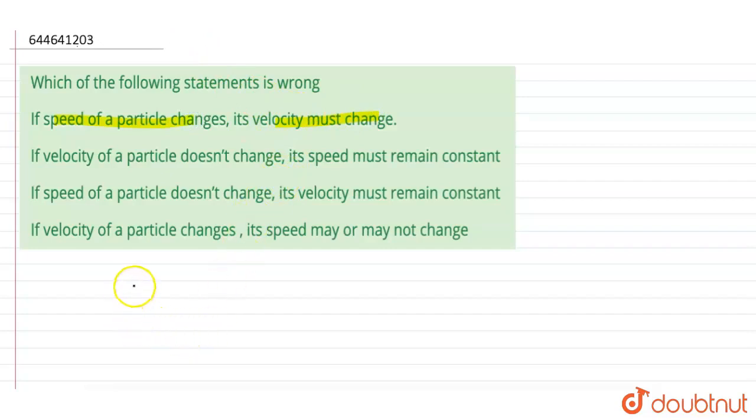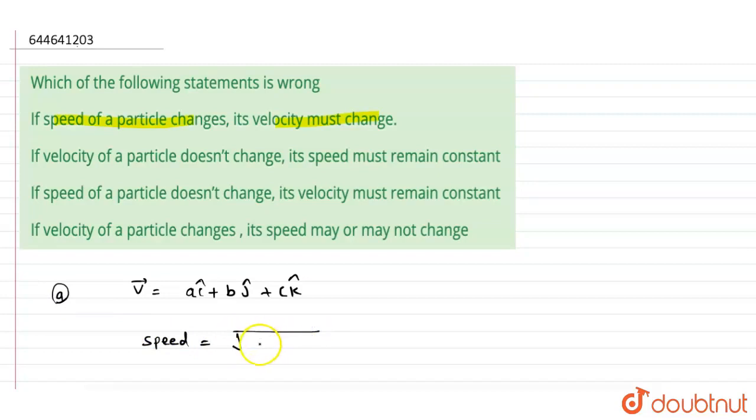If we say the velocity is v vector, denoted as a i cap plus b j cap plus c k cap, as an example for the velocity, we can find the speed also from this. Speed is said to be under root of a square plus b square plus c square.